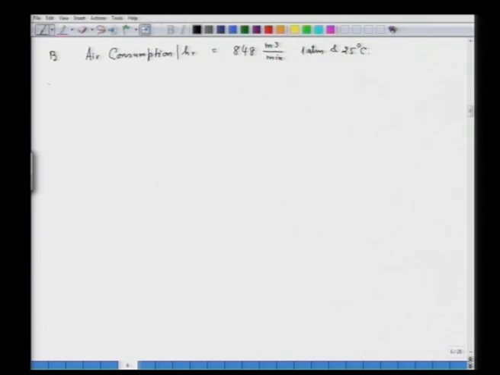Now, the C part, it says heat recovered in boiler. Now, heat recovered in boiler can be calculated, that will be equal to heat input to boiler minus heat output from boiler.